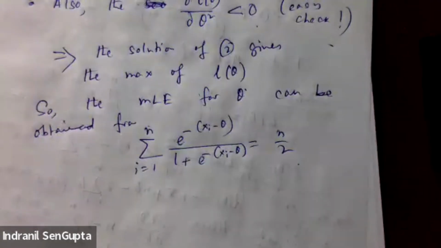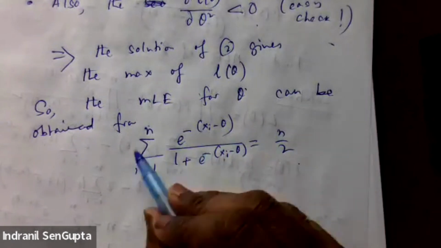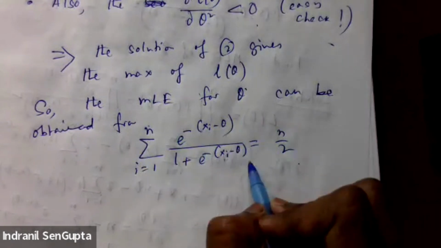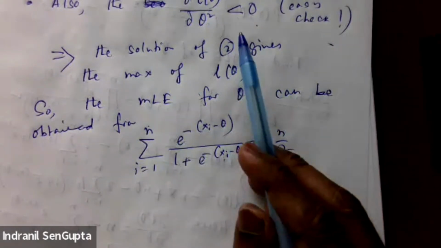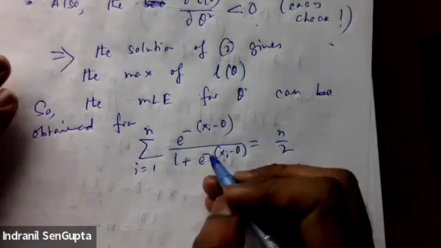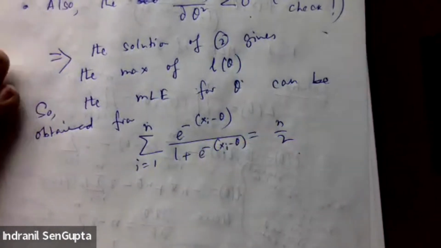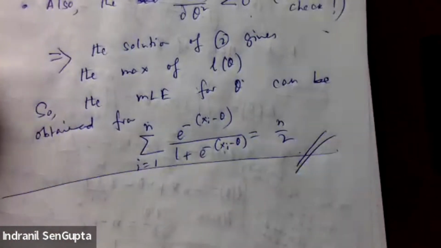Remember that when we observe the values of xi's, we know these numbers. So the only unknown in this entire equation is theta. So you can solve for it and get the solution. And that solution would be the maximizer of the log likelihood function or the likelihood function. And hence, that is the solution. Okay, so that's the maximum likelihood estimator.